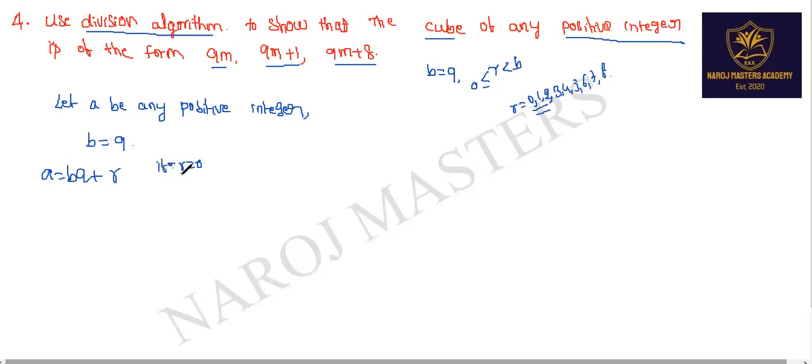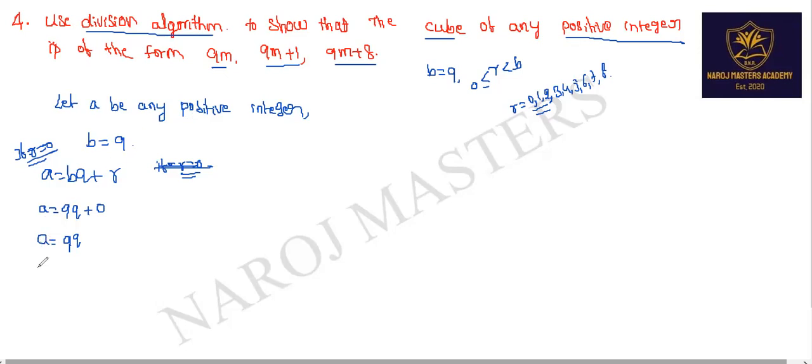So if r is equal to 0, let me write this one here. Substitute in this value, a is equal to 9q plus 0, that is a is equal to 9q. Okay. Now what is our question here? Cube of any positive integer. We know that a is a positive integer, we assumed this one.